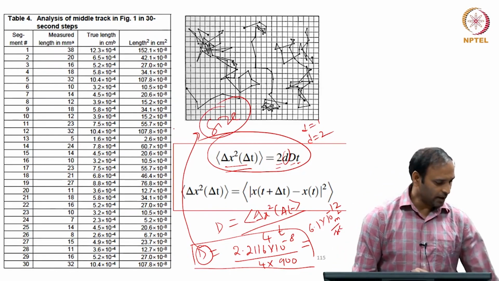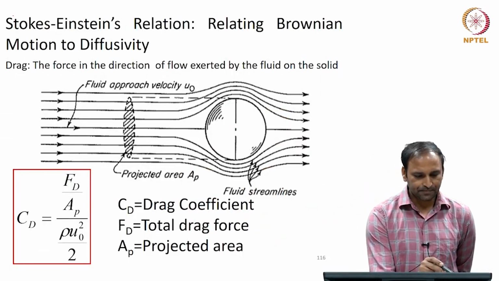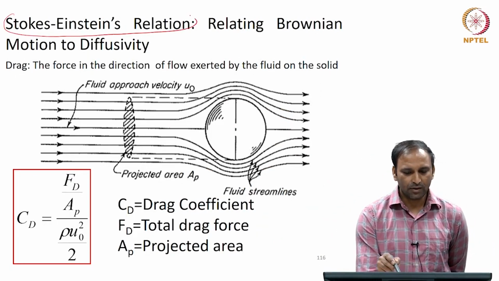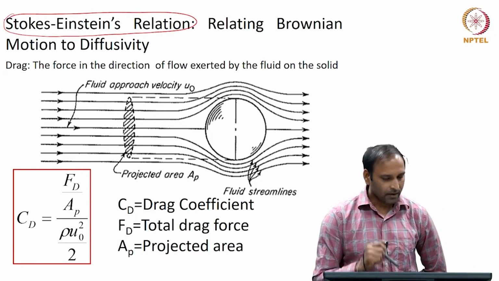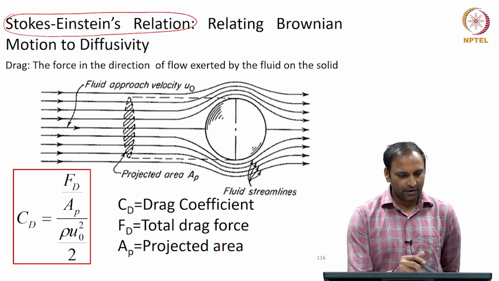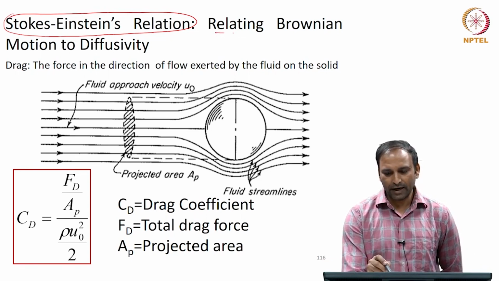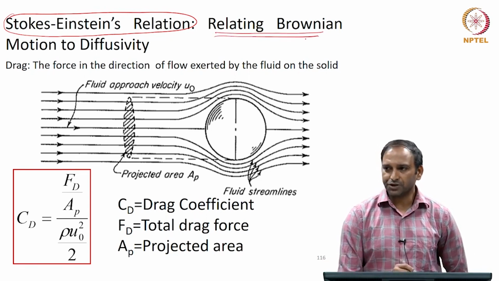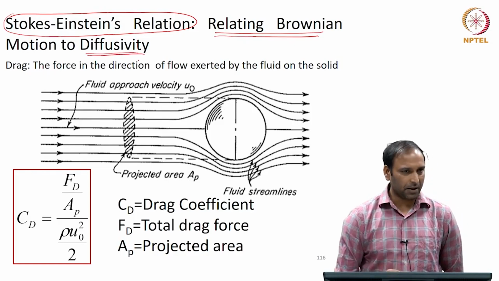The way it is done is by using what is called the Stokes-Einstein relation. Again, what we are trying to do is relate the Brownian motion that the particles exhibit to the diffusivity of the particles.